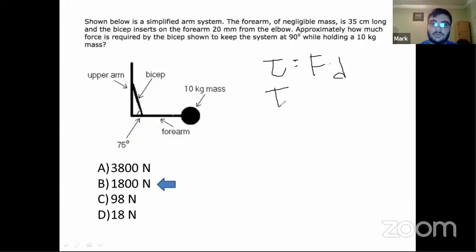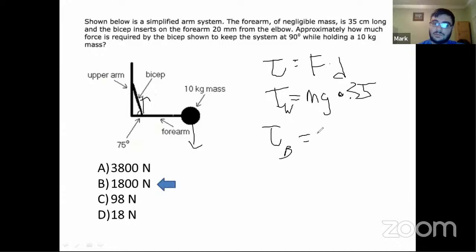We know that the torque of this is equal to the force, which is mg, times 0.35, because that's how far away it is from the point of pivot, which is the elbow, right? We'll call this the tau of the weight. Then we also have the tau of the bicep going up.